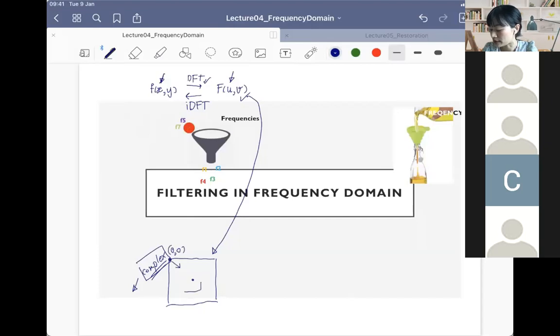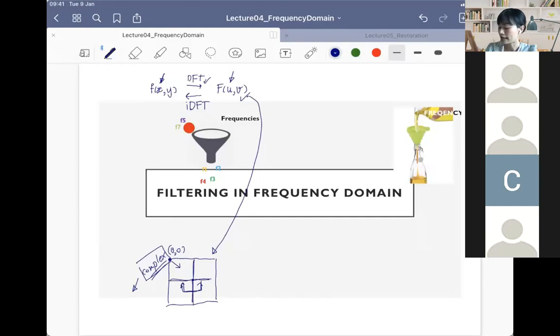What you will see is that the whole image is conjugate symmetric. You will see the spectrum all over, and it is symmetric when you move the origin to the center of the image.